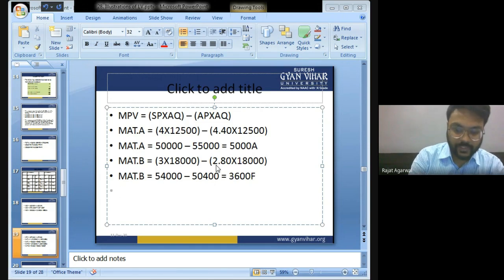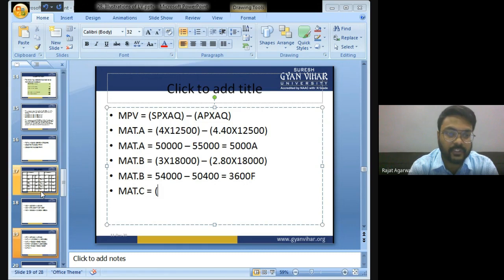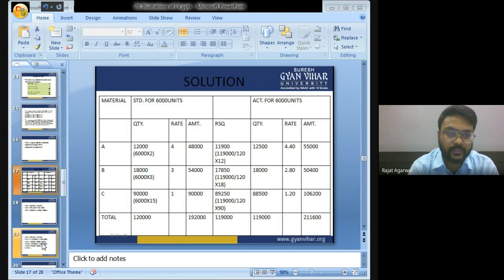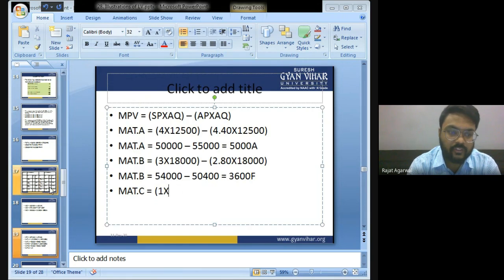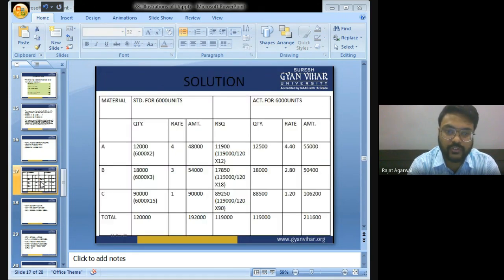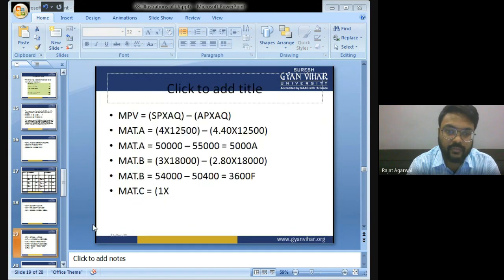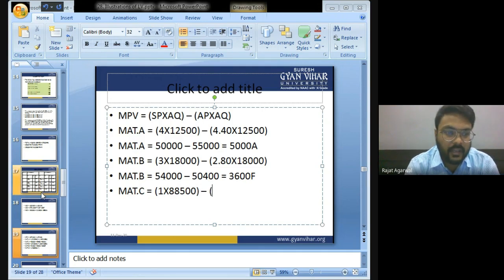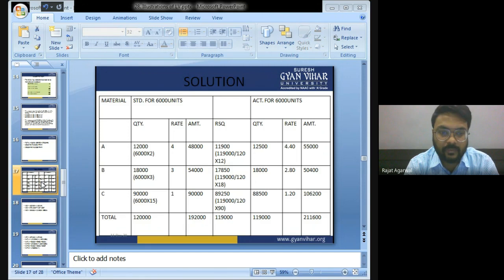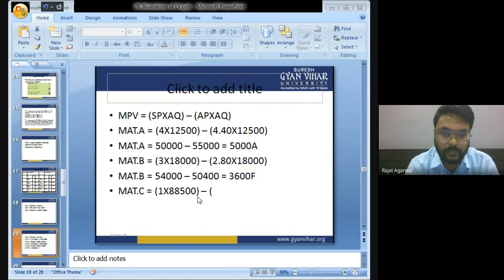Now material C. Standard price of C is 1. Actual quantity of C is 88,500. Actual price of C is 1.20.